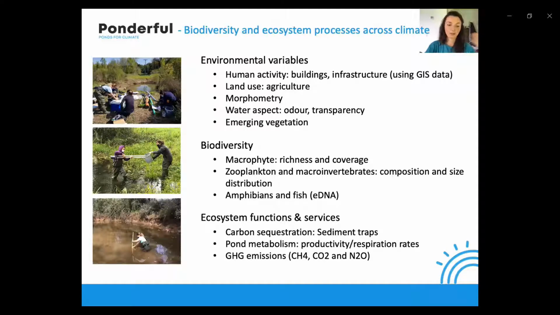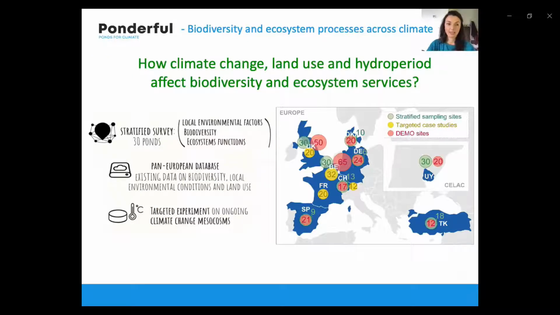Finally, we collect also variables in terms of ecosystem functions, including carbon sequestration, pond metabolism, or greenhouse gases emission. All these traits that I had just mentioned will be quantified in the 30 ponds per country across Europe and also include Uruguay.